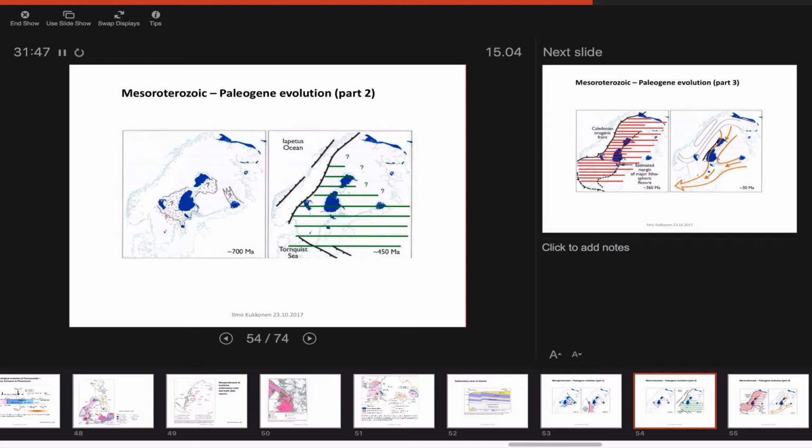Now, when we come to the Cambrian time, we have one interesting observation. In southwestern Finland, there are nice glacially polished outcrops in the archipelago, and there are dikes. But the dikes are not filled with magma, they are filled with Cambrian sandstone.